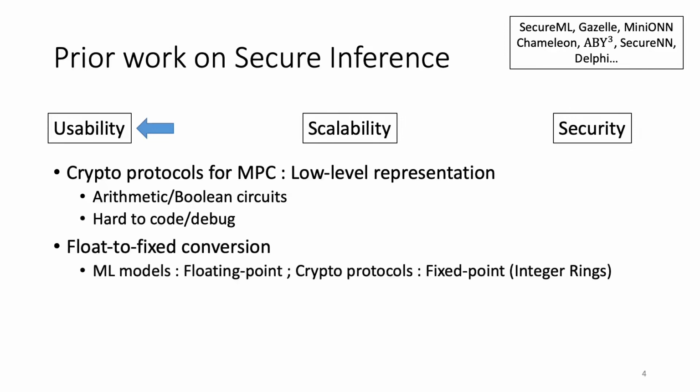The ML models that we are talking about over here work with floating point arithmetic, while the crypto protocols that we want to use have better efficiency working over integer rings. We then need to encode the floating point numbers into integer rings using finite bits of precision and define an arithmetic over that. This is what is known as fixed point representation. Prior works in the area of secure machine learning inference have resorted to a manual process of converting from floating point to fixed point. While this can be done for one or two small benchmarks, this quickly becomes intractable for large benchmarks and needs to be repeated for every new benchmark.